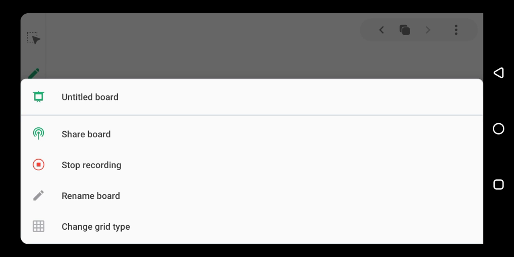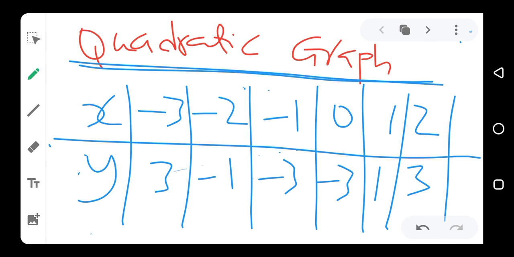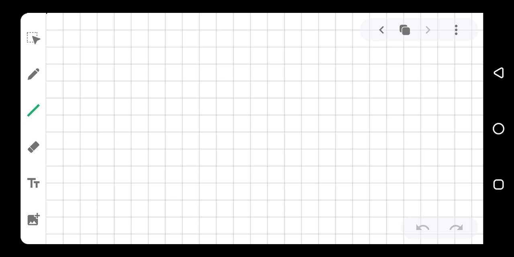What do I mean by scale? Now, if this is how our graph book looks like, the scale means the space given for each of the values. Assuming for this table we have, let's create the x and y axis.